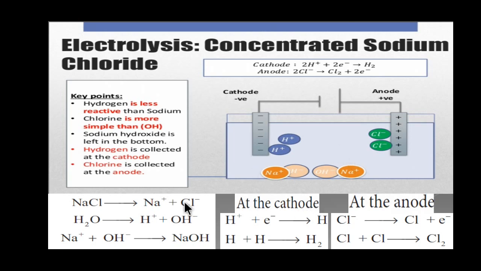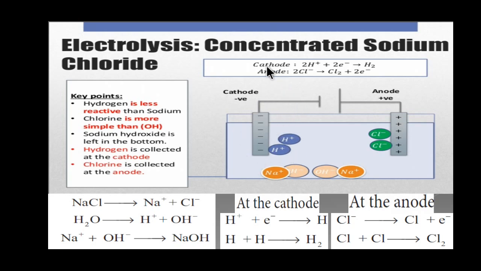The hydrogen is collected at the cathode compartment and the chlorine is collected at the anode compartment.